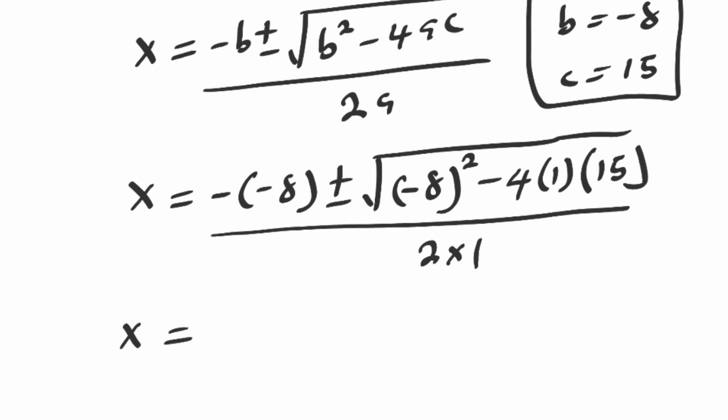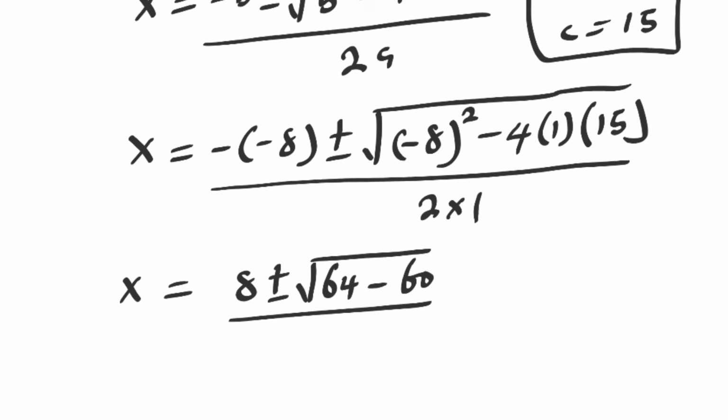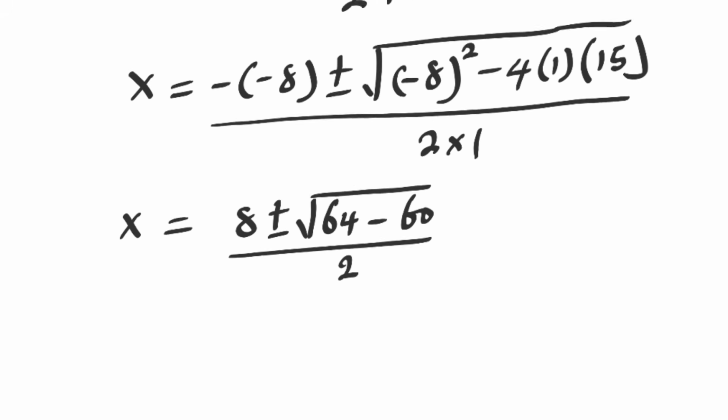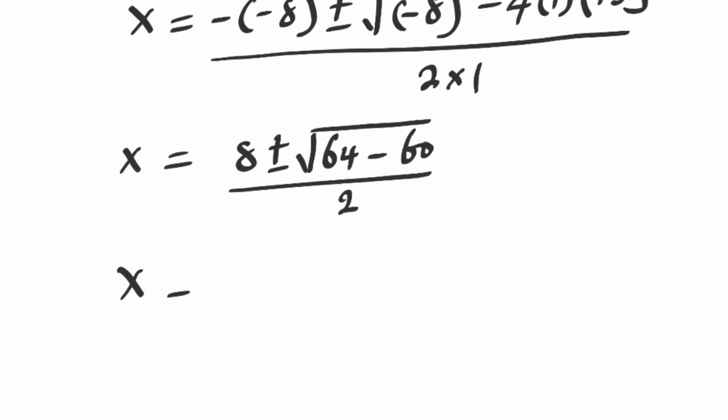x is equal to minus times minus 8. This is 8 plus or minus square root of minus 8 squared. That is 64 minus 4 multiplied by 1 multiplied by 15. That is 60, divided by 2 multiplied by 1, 2. x is equal to 8 plus or minus square root of 64 minus 60.